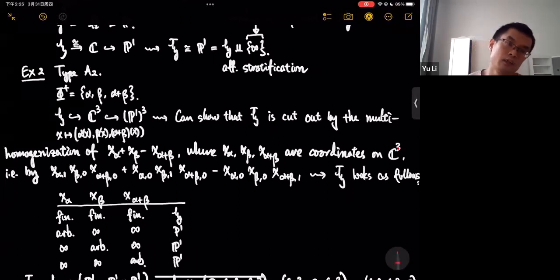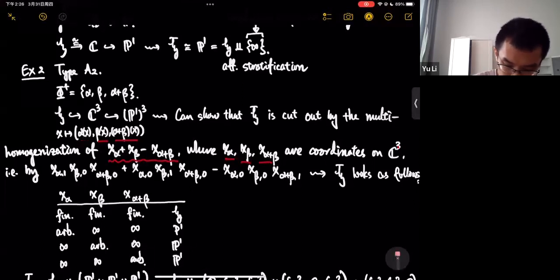Inside C to the 3rd power, the subvariety H is cut out by the following: if the 3 coordinates of C3 are x alpha, x beta, and x alpha plus beta, then the sum of the first 2 coordinates is equal to the last one. This is the defining equation of H inside C to the 3rd power.